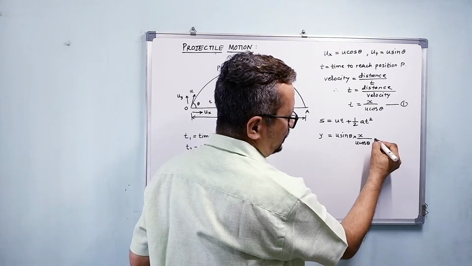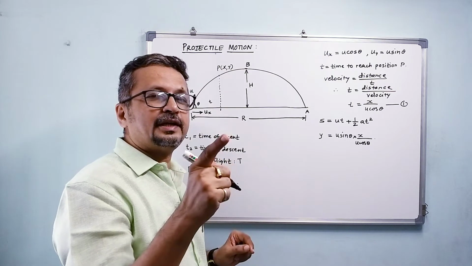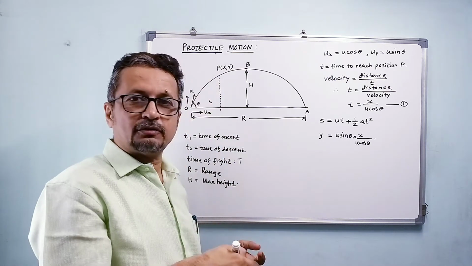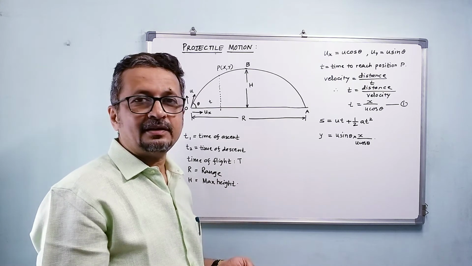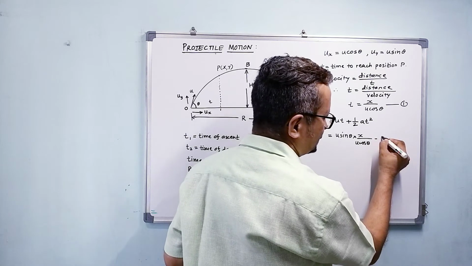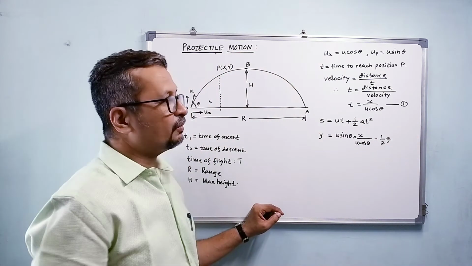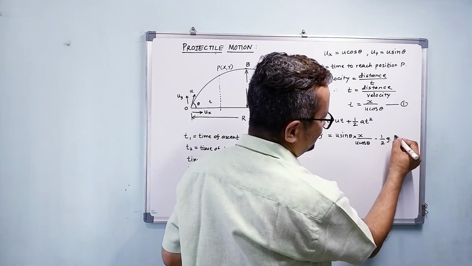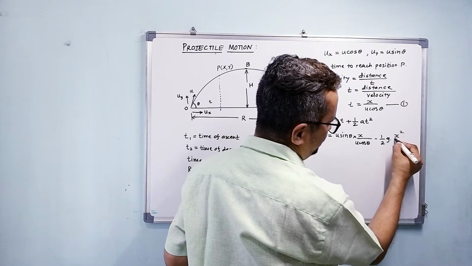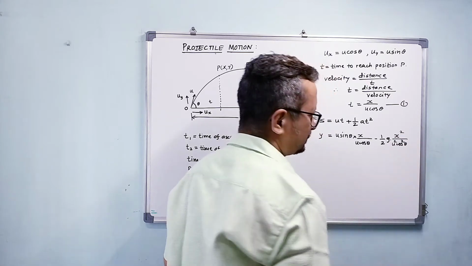Now here the acceleration in the vertical direction is gravitational acceleration, and it is acting vertically downwards, so we would obviously take a minus sign for that. So it is minus half g into t square. Now t square is x square upon u square cos square theta.